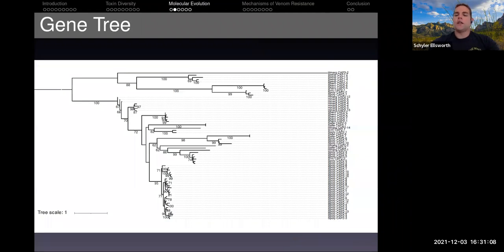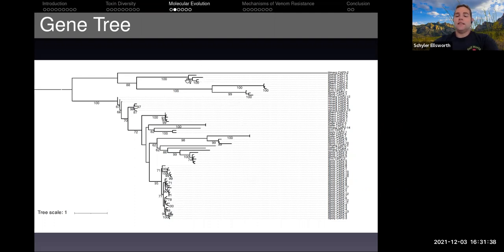So the first thing that I wanted to do for this analysis was to look at a gene tree, to see if there are a lot of differences with all of the CAP proteins that I identified within these 26 individuals. So I generated this CAP gene tree here, where we see some distinct groupings: this group here on the bottom, this group right here, and then these 2 groups here on the top.